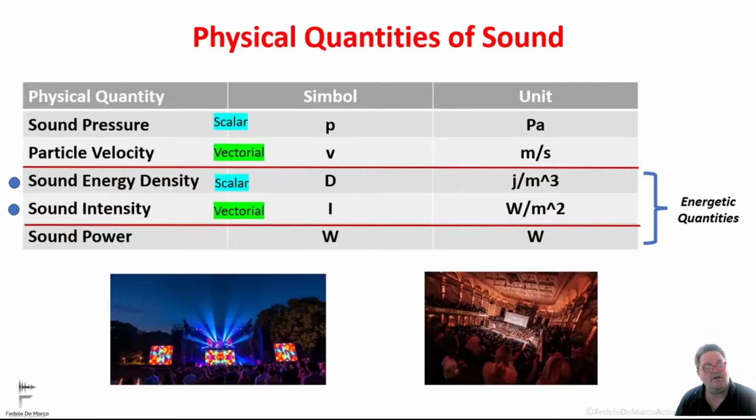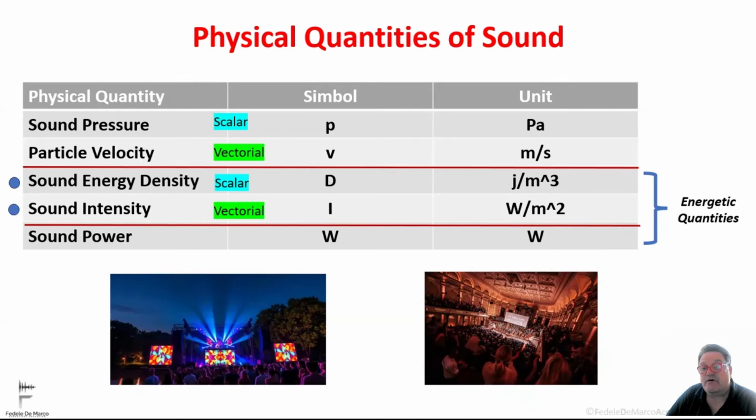Sound energy density is the energy per volume, so joule per cubic meter. It is the density of energy trapped in one cubic meter of volume. Okay, the sound trapped in a unity volume.